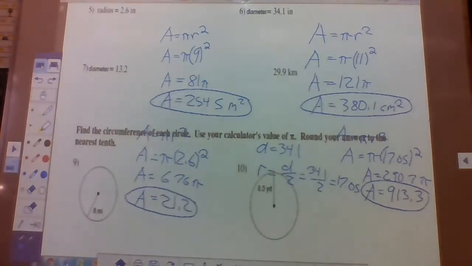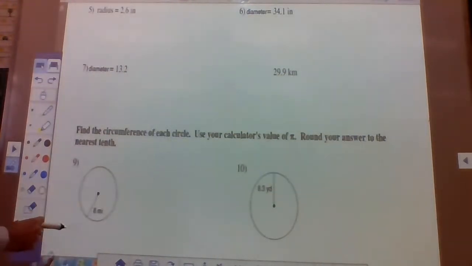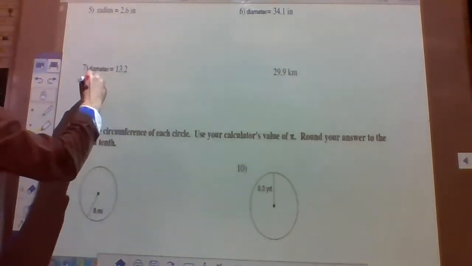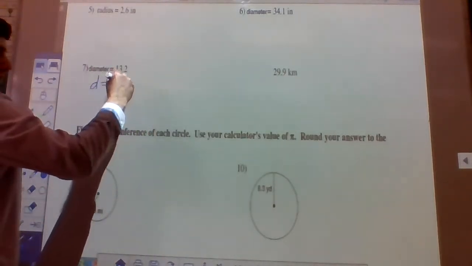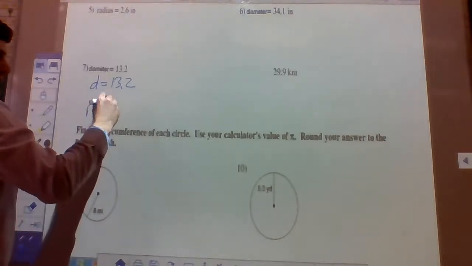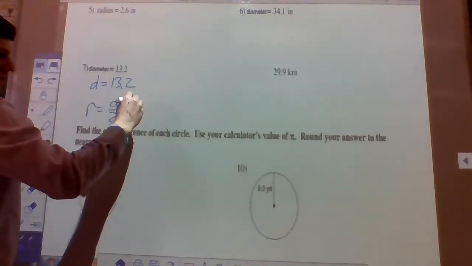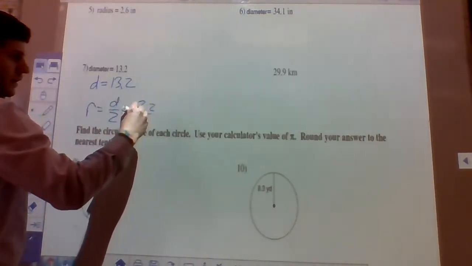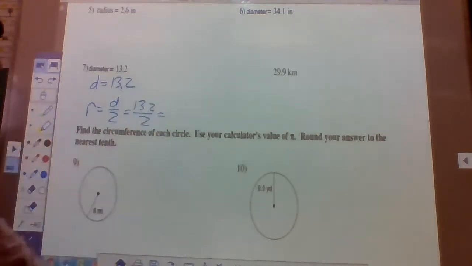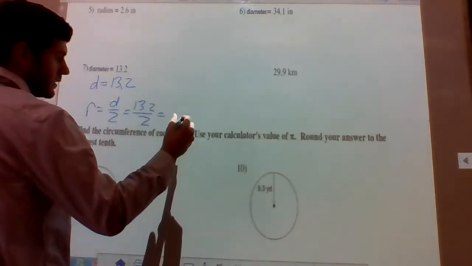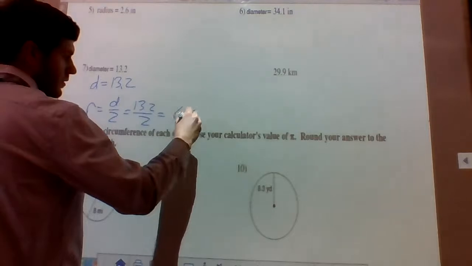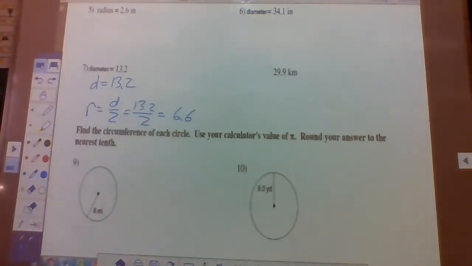Right, number 7. Diameter is 13.2. So the radius is half the diameter. It's the diameter divided by 2. So that's 13.2 divided by 2, which is going to be 6.6. Okay.